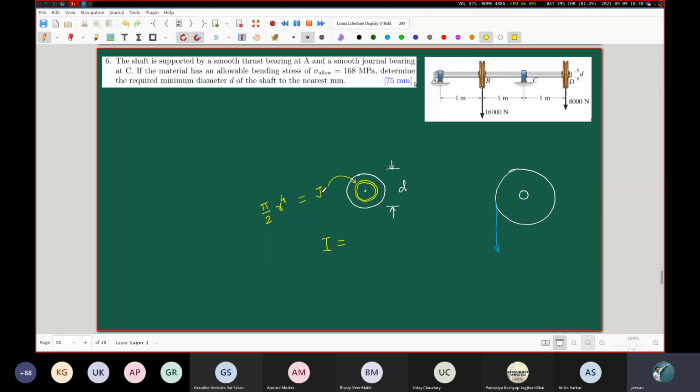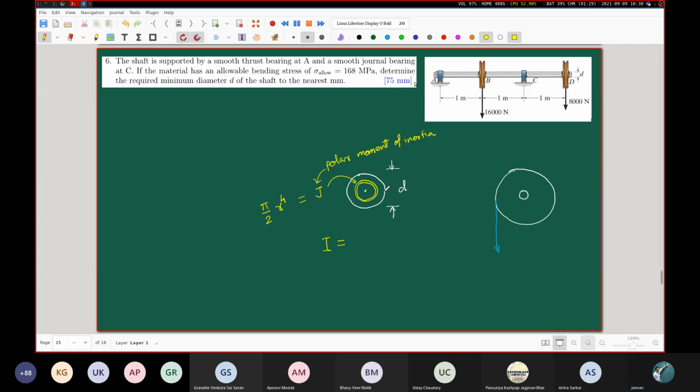This also is a second moment of area, except that this is about this kind of an axis, which is coming out of the plane of the screen from this point, the center. So the common name for that moment of inertia is the polar moment of inertia, which we kept on using in our entire chapter of torsion.